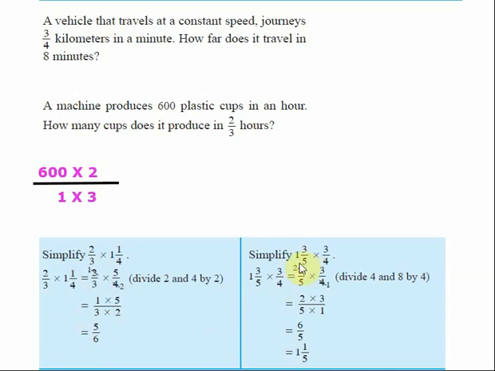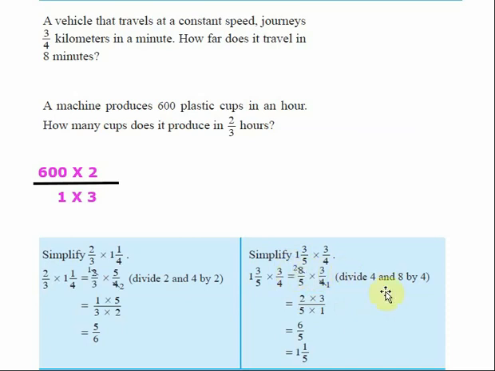Then here you need to write this first of all as an improper fraction. So 5 into 1 is 5, 5 plus 3 is 8, we are dividing by 5, so 8 over 5 multiplied by 3 over 4. So once you consider the upper and the downside numbers, obviously you can see here 8 is divisible by 4. So 4 divided by 4 is 1, 8 divided by 4 is 2. So here you get 2 and here you get 3.